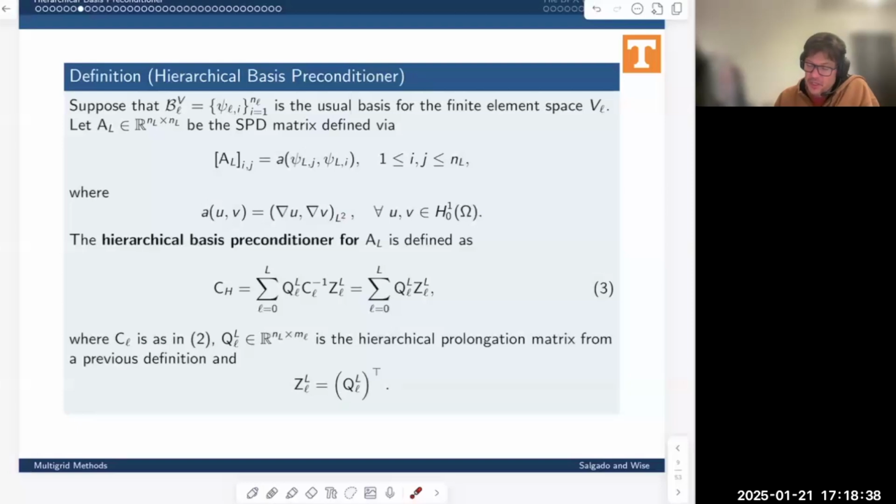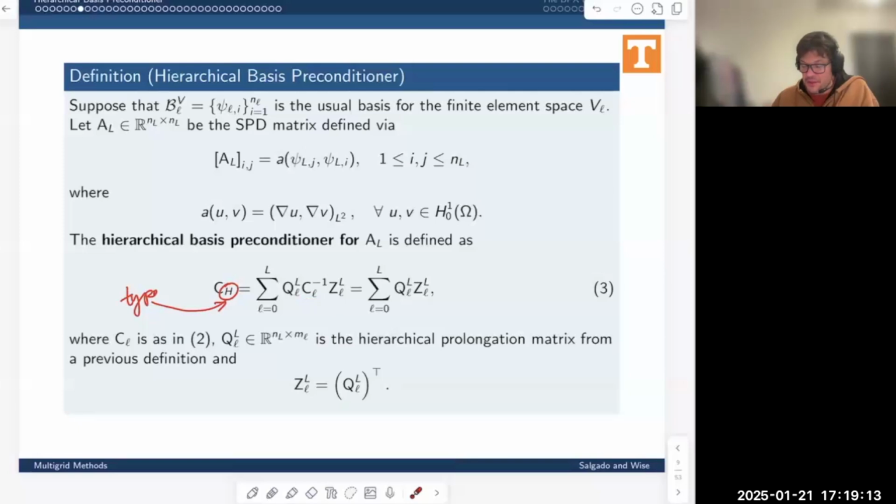The hierarchical basis preconditioner for AL is defined as CH. So this means C sub hierarchical. In any case, the way I define it is, I've already defined my matrices C, and so I need the inverses of those.